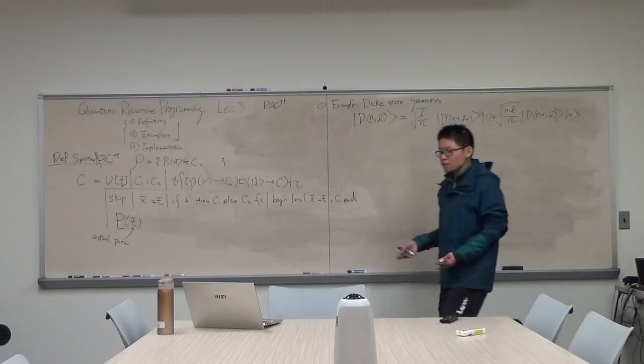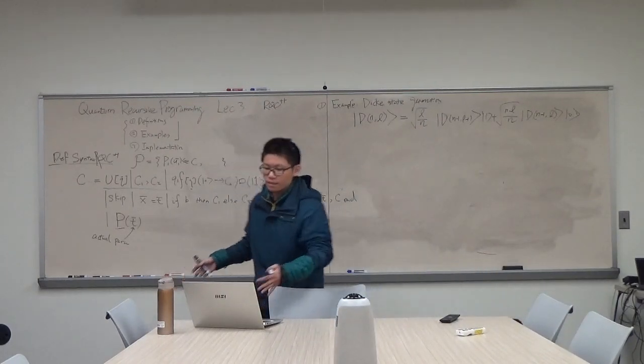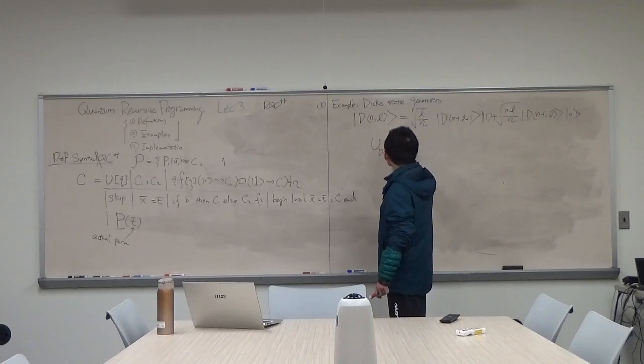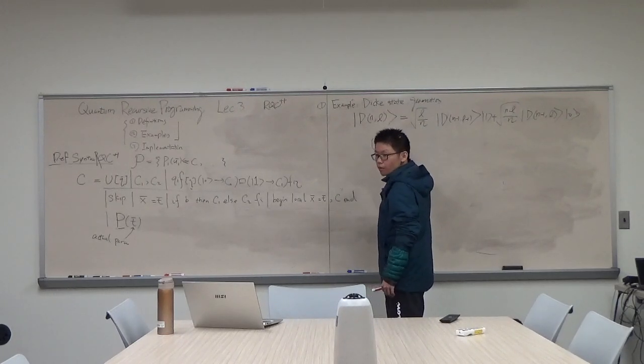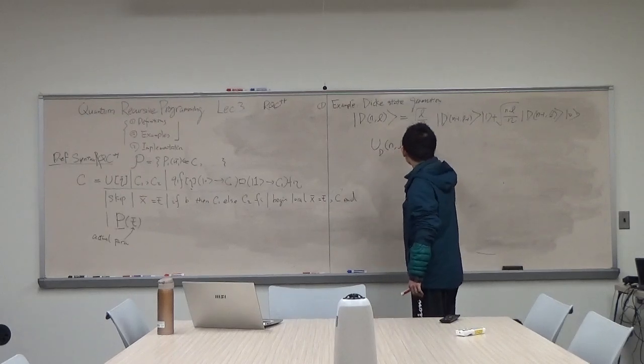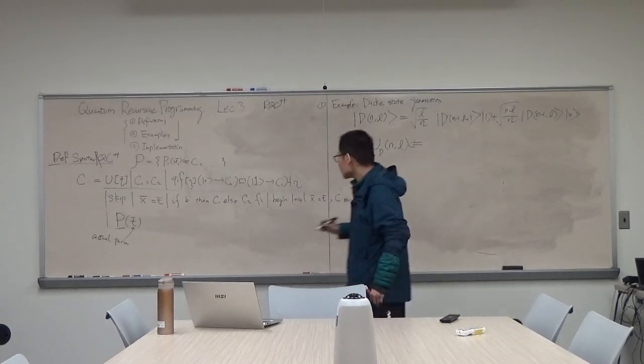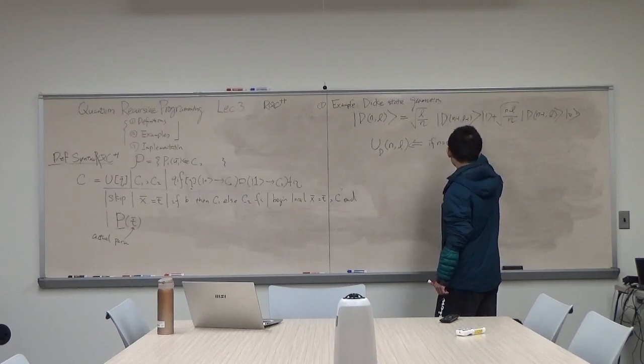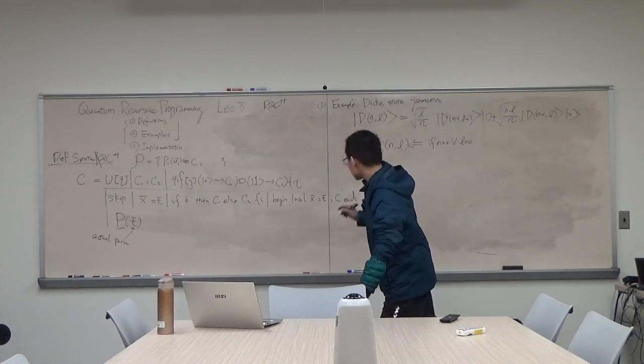The intuition is that if it is recursively defined, then we should use a quantum recursive program to describe it. For example, for D, if n is 0 or L is 0, then you skip.